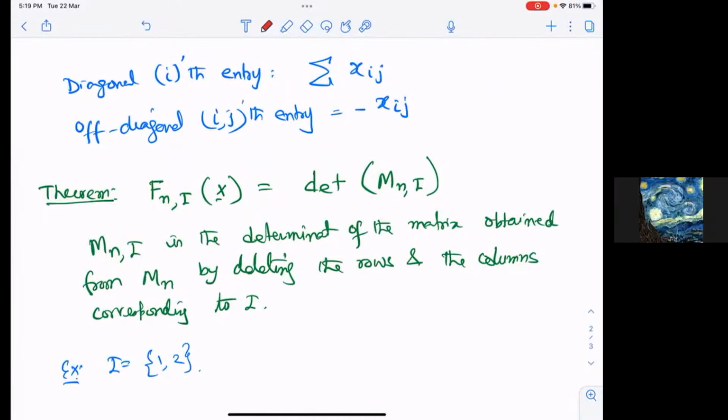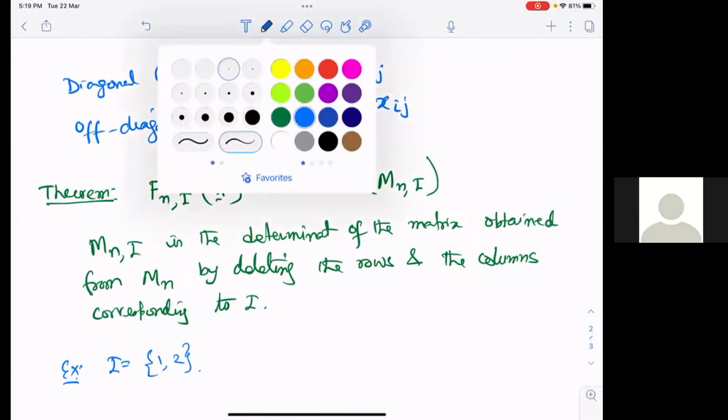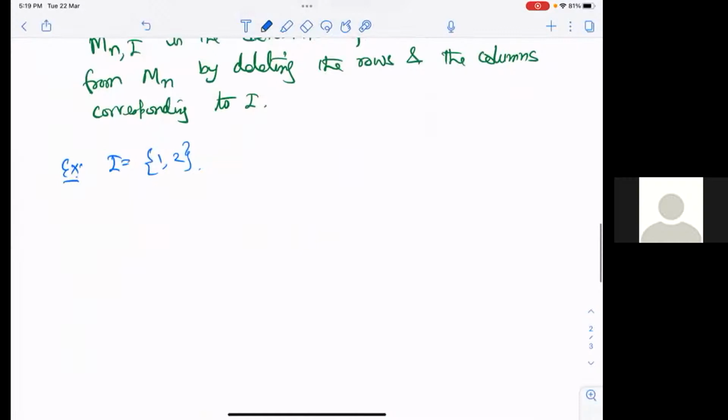Yes, sir. Okay. Now, I don't know whether you know the explicit expansion for the determinant. Suppose you want to write the determinant of the following matrix: y11, up to y1n. These properties of determinants are already taught in some other course in algebra.